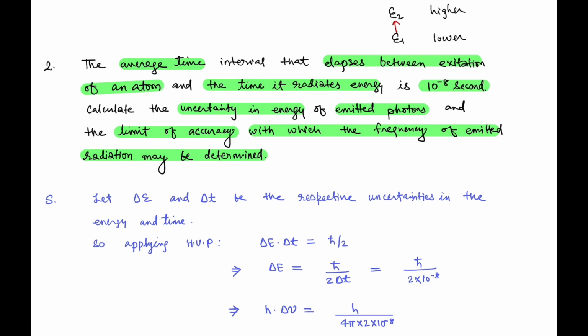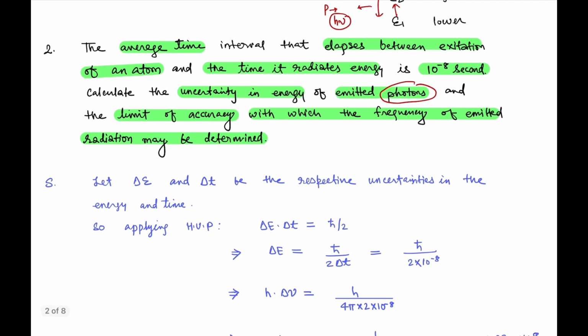But we know that the excited state is not permanent, so it will again come back. And when it comes back, it will have to set off the extra energy. So extra energy will be set off by emitting a photon with energy h nu. So nu is the frequency of that photon. So this is what is happening here. They are emitting photons.